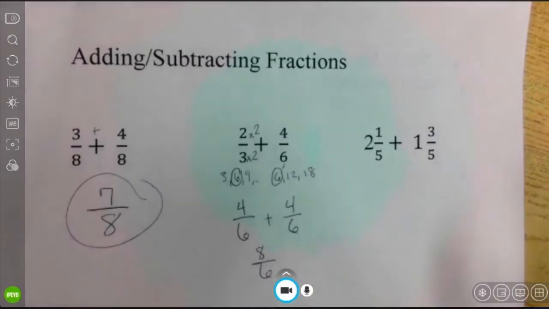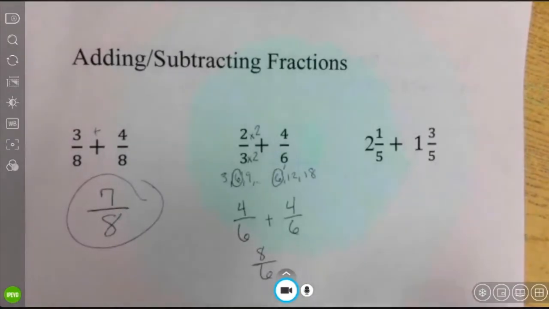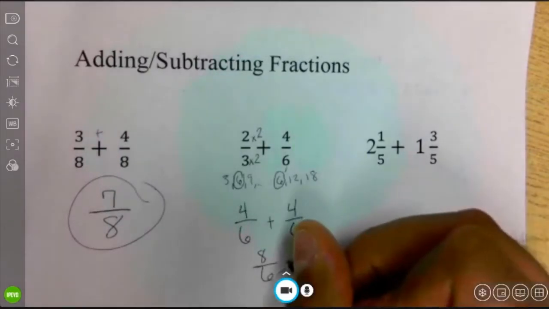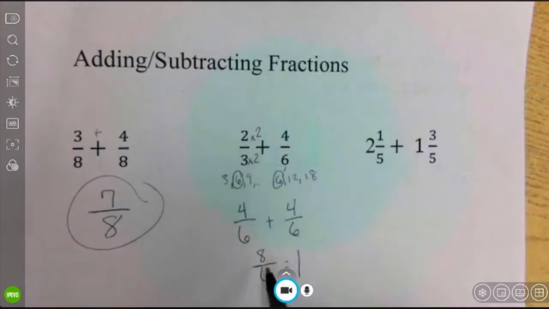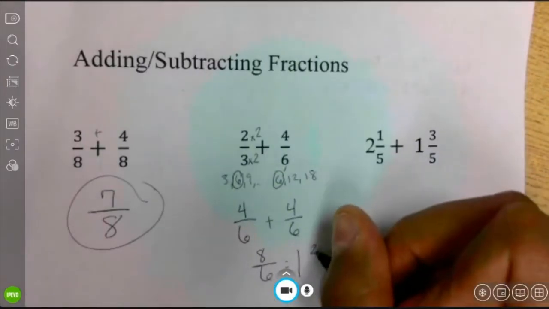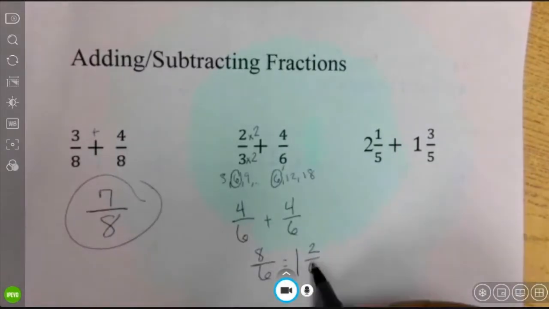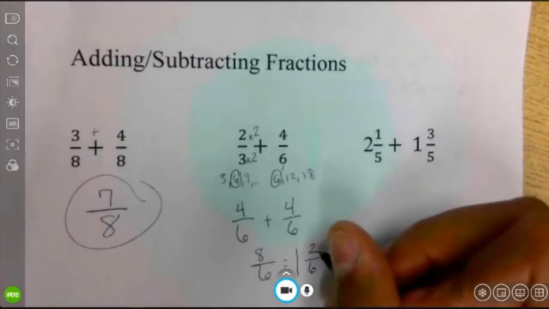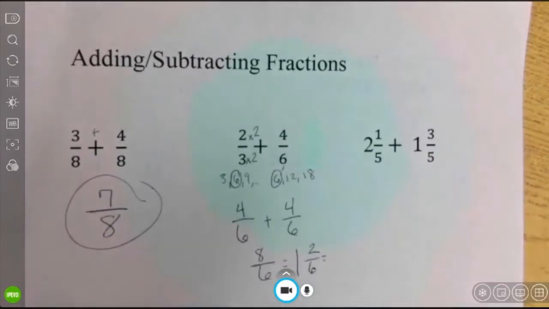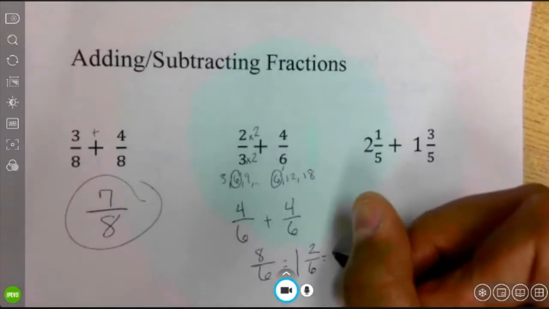And here we have an improper fraction. And usually we want to simplify and change our improper fraction to a mixed number. So let's change our improper fraction to a mixed number. We know 6 can go into 8 one time, and then you're going to be left with 2/6. And then this 2/6, we can simplify because they both can be divided by 2.